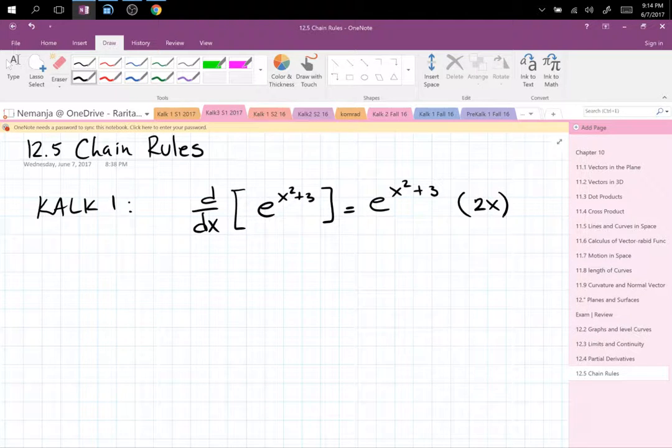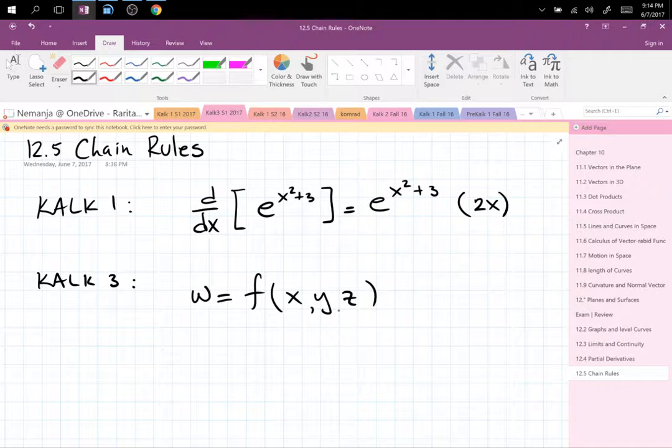Now, what we are going to have is a function w that might be a function of x, y, z, and then each one of these x, y, z's could be dependent on different parameters.